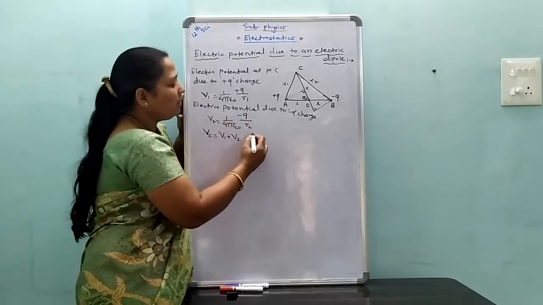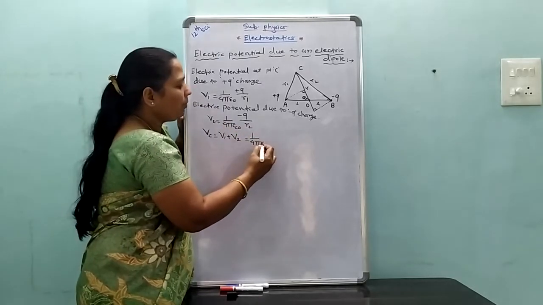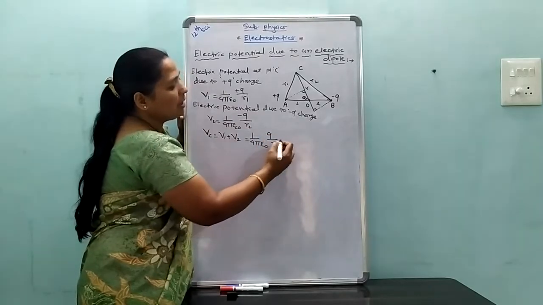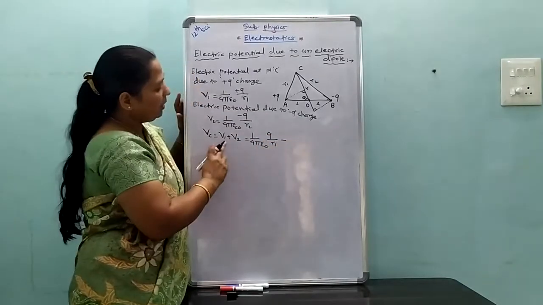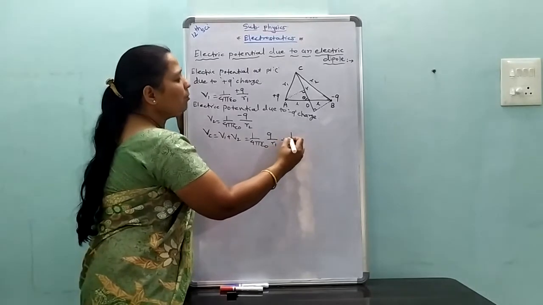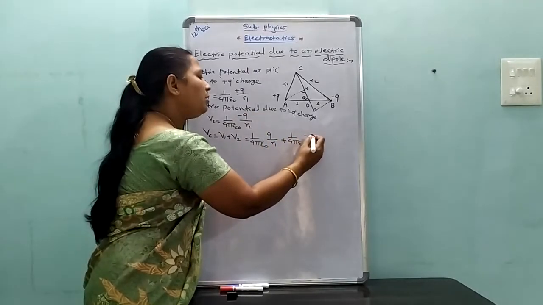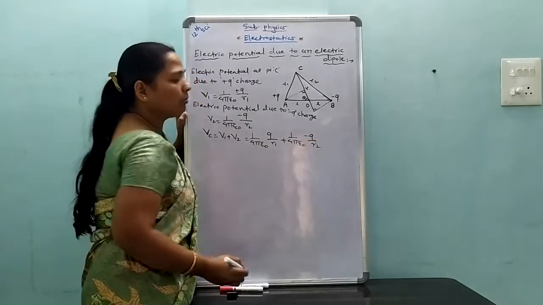Substitute the value of V1: 1 upon 4 pi epsilon 0 times Q upon R1, plus 1 upon 4 pi epsilon 0 times minus Q upon R2.